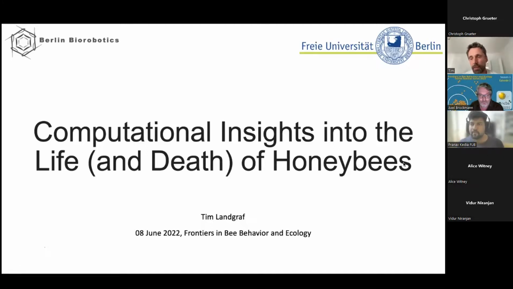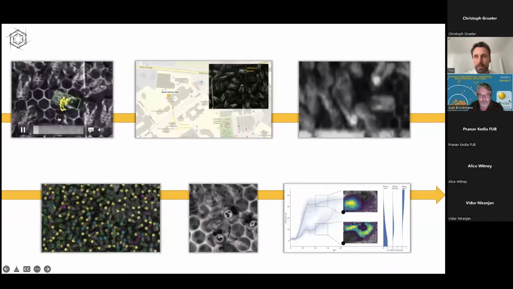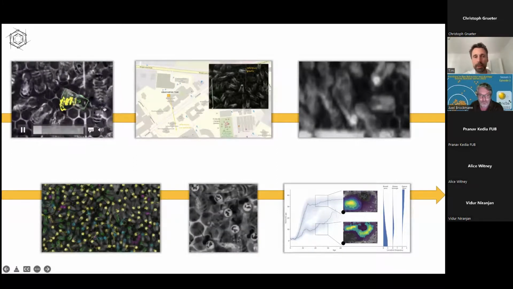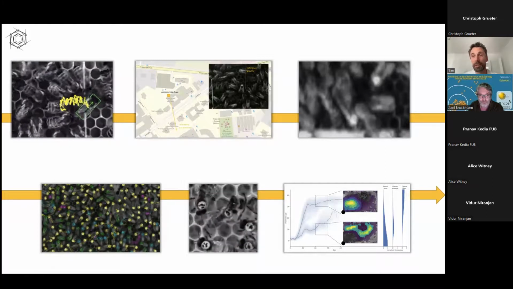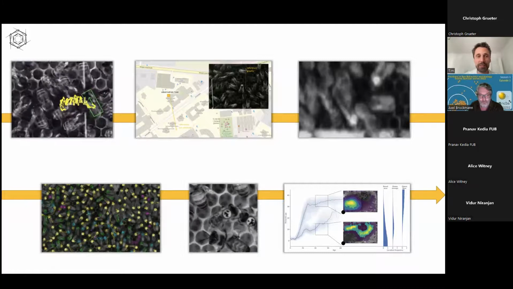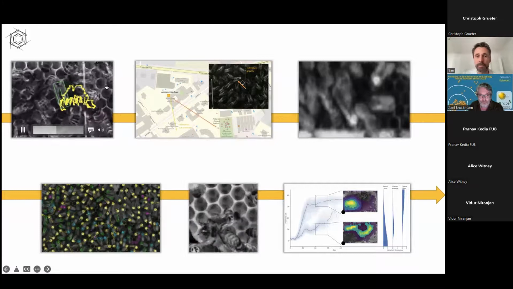And yeah, I thought I could share some of the things that we did and that we are currently doing, and maybe even a little bit of what will be coming out soon. So let's get right into it. Most of what I will be talking about will revolve around the honeybee dance, which was the end of my pure computer science life and the start of my biology life back in, I think, 2008 or so.